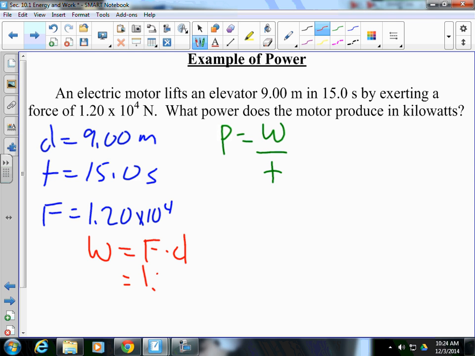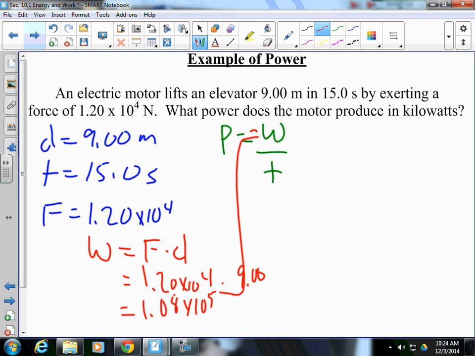So our force is 1.20 times 10 to the 4th. Our distance is 9.00 meters. Multiply those together, and you get 1.08 times 10 to the 5th. We're going to take this value now and plug it into our power equation. So 1.08 times 10 to the 5th was our work.